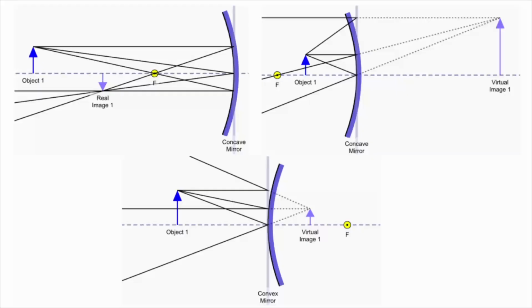When I drew it closer, it got bigger, but it was still real. So you've got to be careful there. But the 2 main regimes were an object outside the focal length producing a real image and an object inside the focal point producing a virtual image. Those are the 2 big categories of what's going on when it comes to concave mirrors.